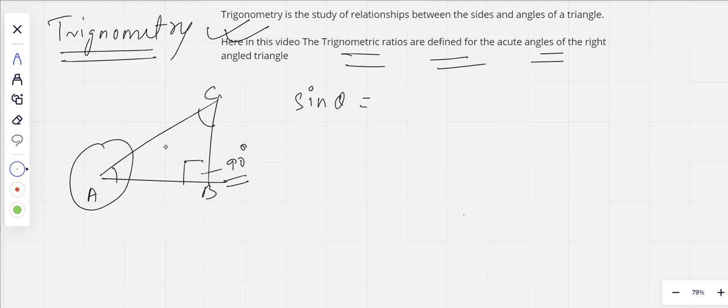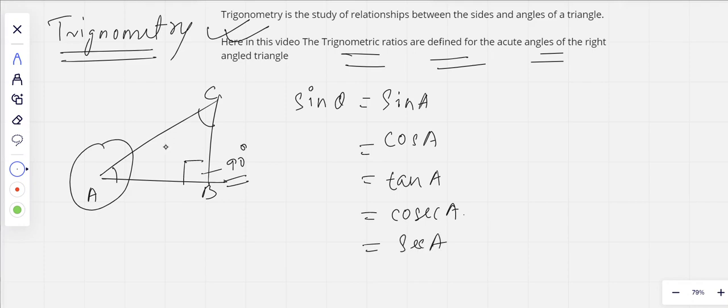In this case, we'll say sine A. Theta is basically the angle. We have cos theta or cos A, tan theta or tan A, and similarly cosec theta or cosec A, sec theta or secant of A, and cot theta or cot of A. Now, in order to define these, let's take a step back and understand what this triangle represents.